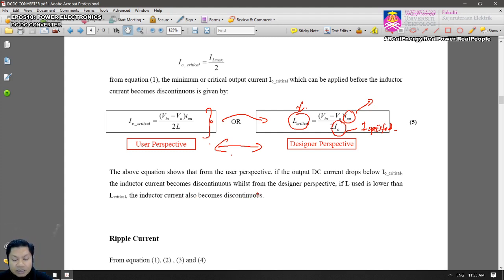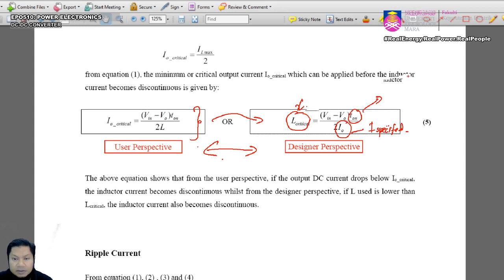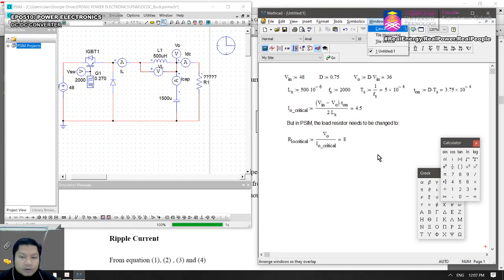Right? So let's look at the example again. Okay, now we look back at the PSIM simulation from just now, whereby you have this input voltage of 48, and from the gate signals here we know that D equals 0.75, the frequency is 2 kilohertz, the inductor is 5 millihenries, and the capacitor is 1500 microfarads.